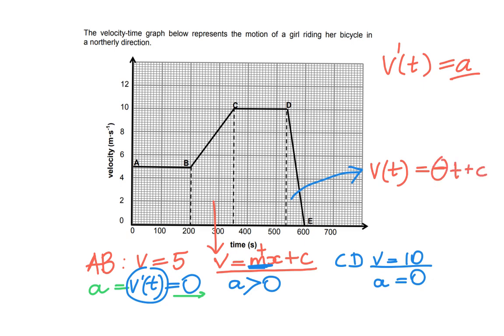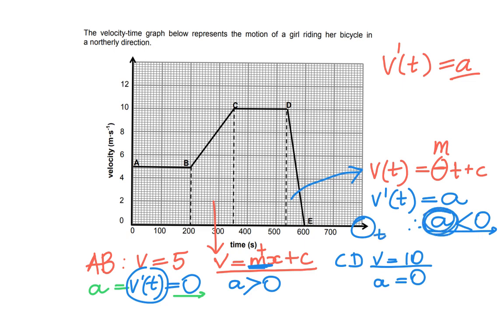That gradient is negative, which means that if I differentiate to get my acceleration, I will get a negative acceleration. So I will draw my graph below the time axis.